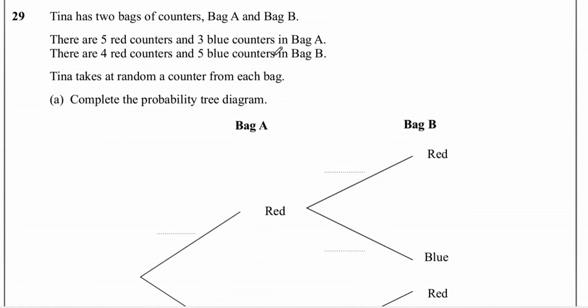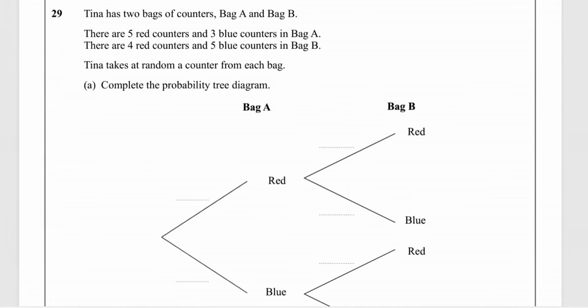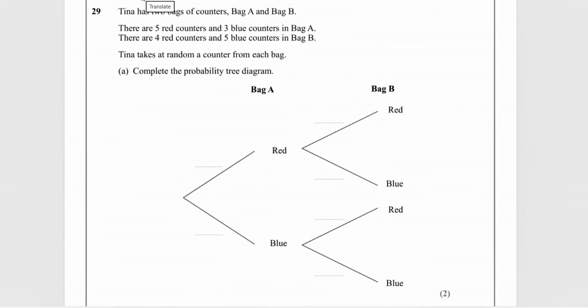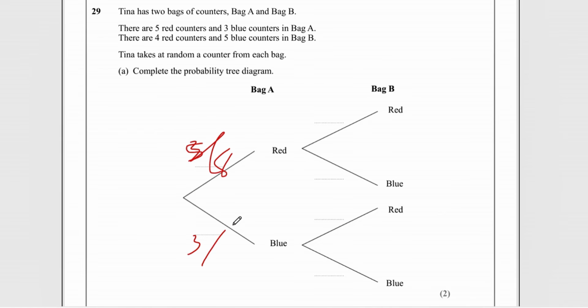Okay, then looking at this question, there are 2 bags, bag A and bag B. So how do we complete this? If you're going to pick one red, so 3 out of 8. Then right here, for the second bag, the red is 4. The total is 9.